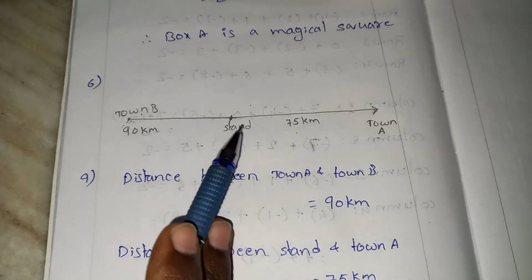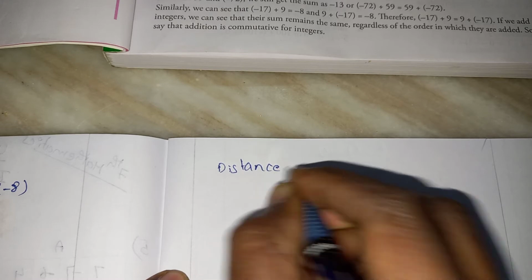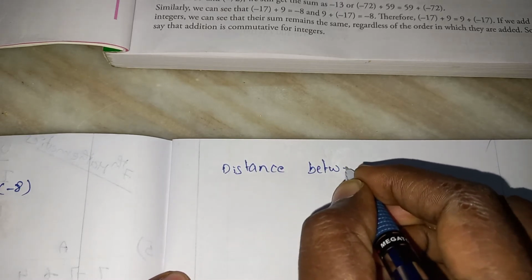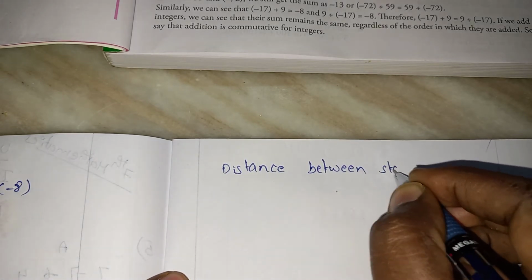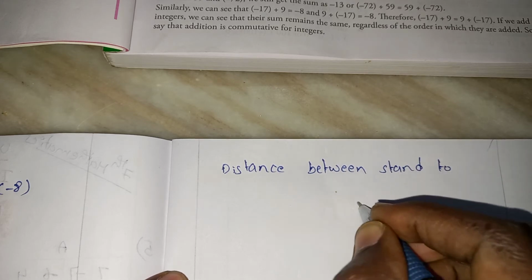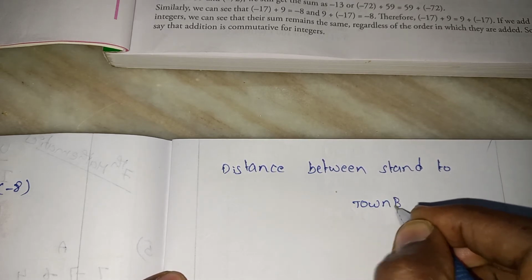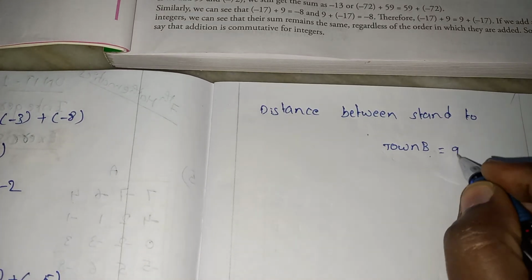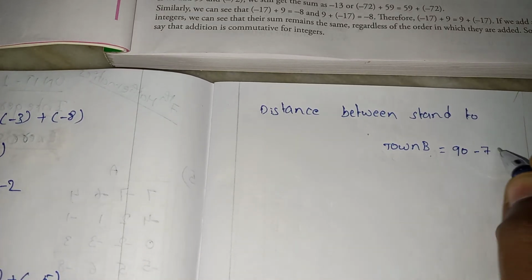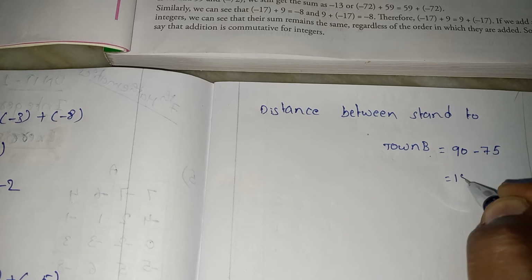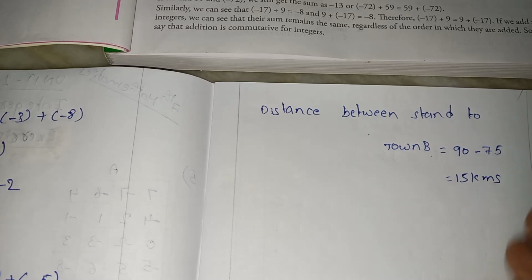Now we need distance from stand to town B. Distance between stand to town B is equals to 90 minus 75. It means 15 kilometers.